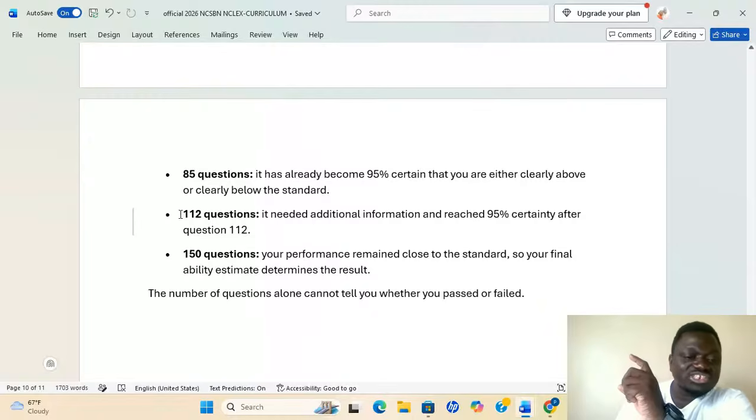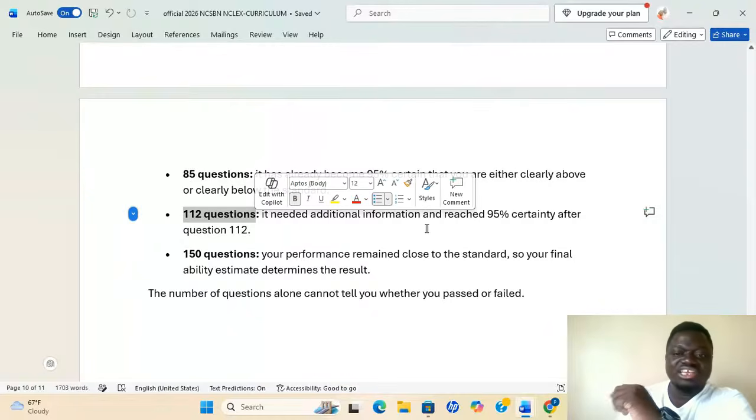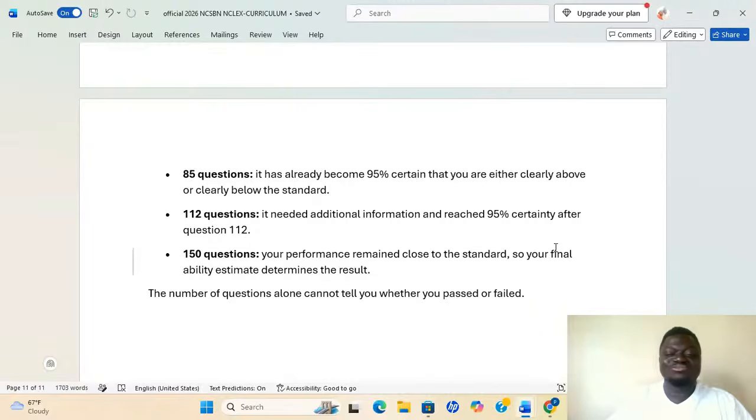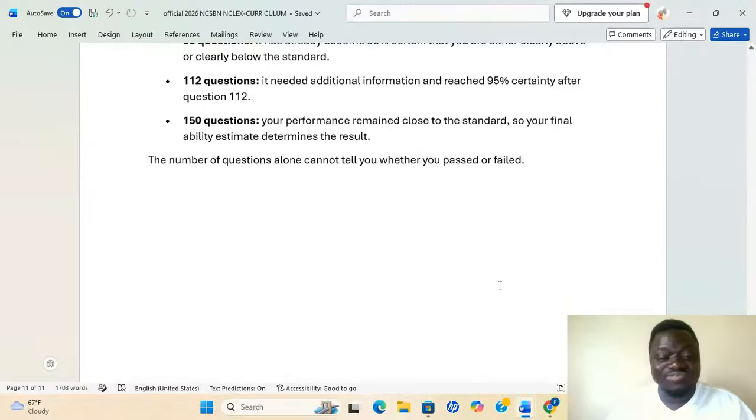After this question, the computer reached 95% certainty about whether you have passed or failed. Then at 150 questions, the computer doesn't have any extra question to give you again, so it will make its final decision whether you pass or fail.